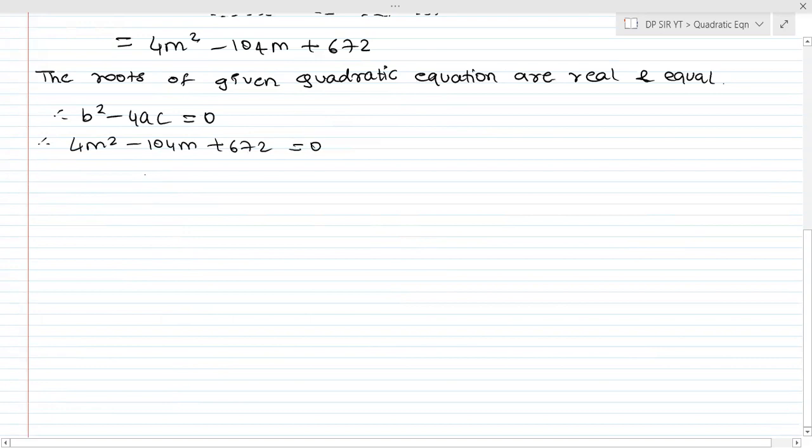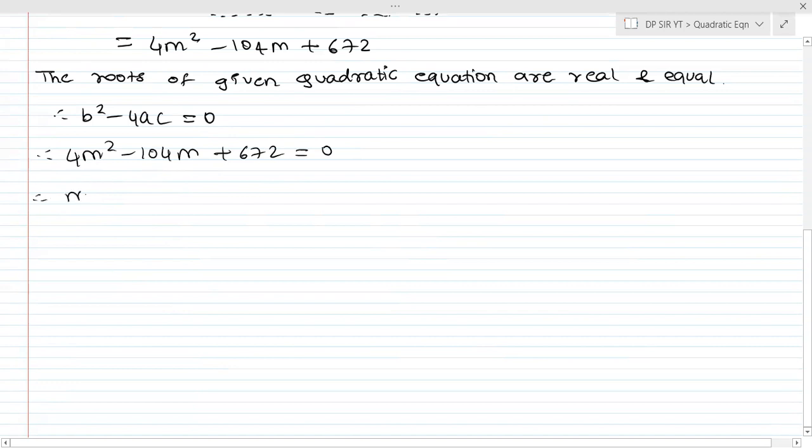Now I would suggest first of all dividing by 4. I'll just write it neatly, no? It was looking shabby. Therefore 4m square minus 104m plus 672 is equal to 0. Now I would suggest dividing by 4.